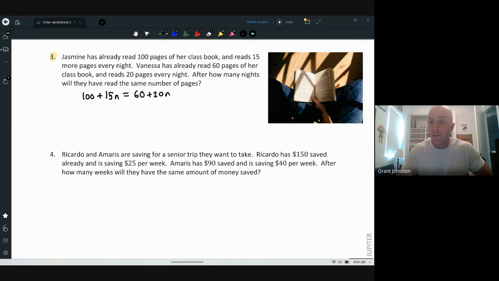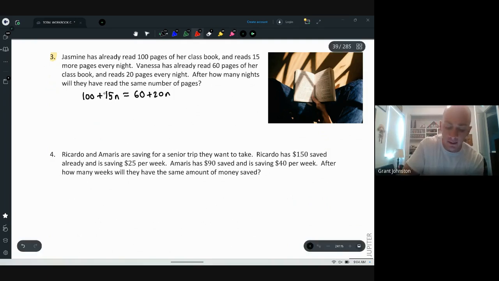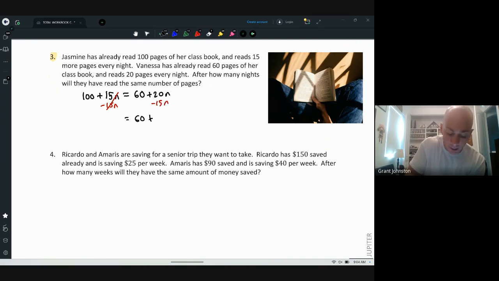So then we solve it. There's nothing to combine on either side, but I got to move. I got a variable on the left side and a variable on the right side. So what I'm going to do is subtract this 15N just because I know the 20N minus 15N is going to be positive. I like working with positive numbers.